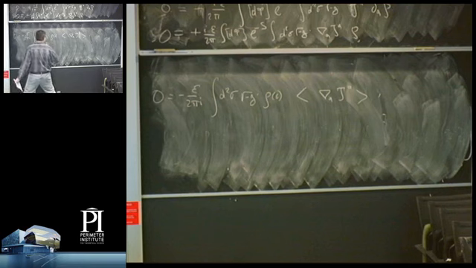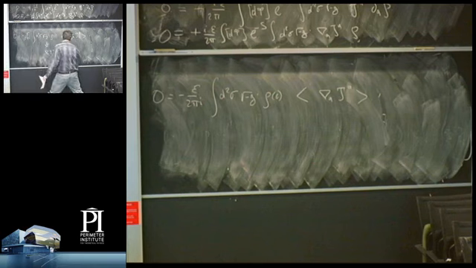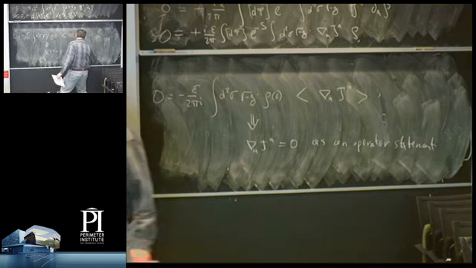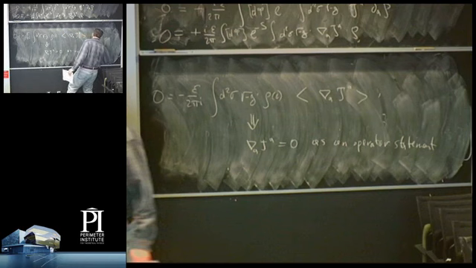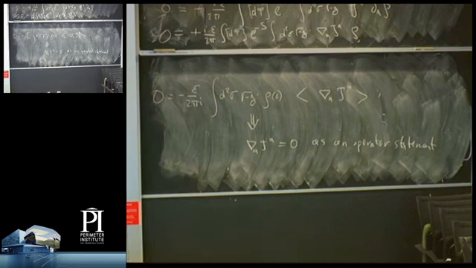So from here, it follows that nabla_A J^A equals 0 as an operator statement. Right? Good. Everything is clear, right?